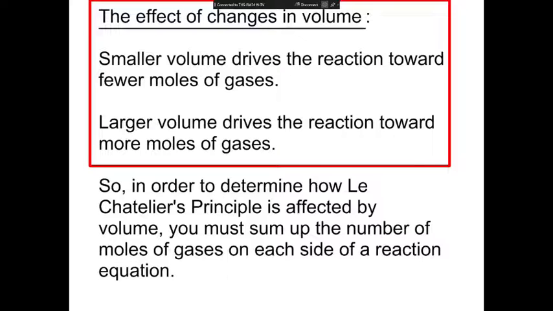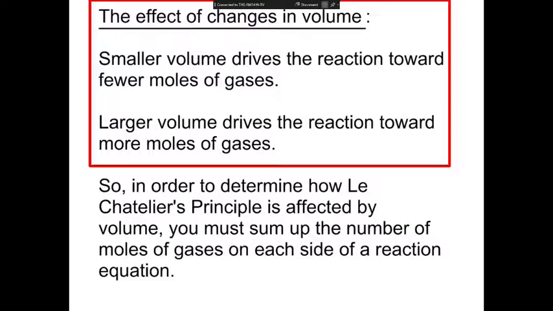All right, volume is one where you focus on gases. This takes us back to something we did with entropy before: we were counting the number of moles of gases on each side of the reaction. That's going to be how we think about changes in volume of the container. So reactions that involve gases can be shifted one way or another based on increasing or decreasing the volume of the container.